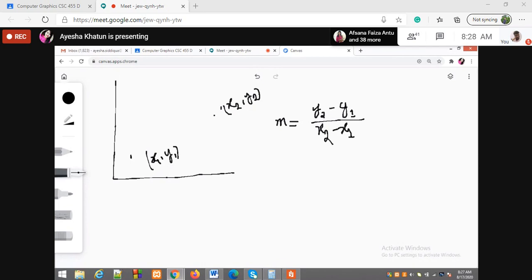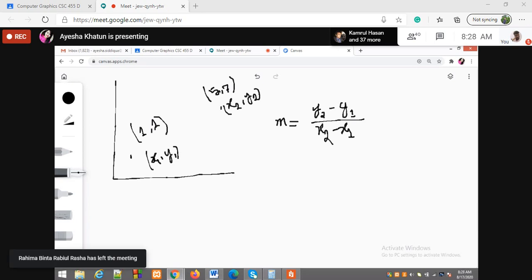So let's say the pixel points are given: x2, y2 is 5 and 7, and x1, y1 is 1 and 1. So now tell me, what is the value of the slope from here? Are you hearing?